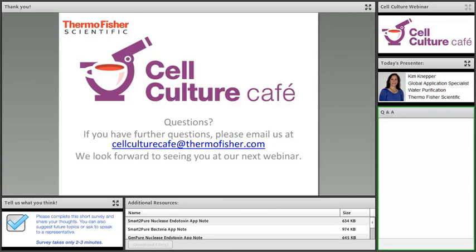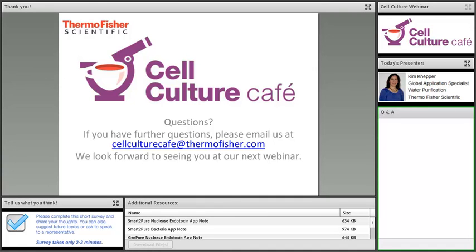So yes, while sometimes cartridges can last way over a year, the display of the system may only be reading the resistivity at 18.2, but it's not measuring other parameters in the water that may be elevated. So you may have higher levels of organics or even bacteria or pyrogens, and it's not giving any kind of measurement of that. So it would be a good idea, just as standard maintenance, to start fresh with a clean system once a year and to change those cartridges.